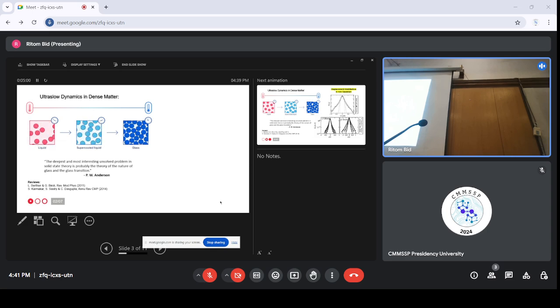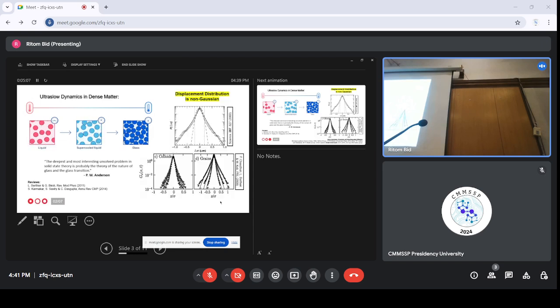So we try to understand the dynamics of supercooled liquids, and eventually there were some experiments in the 1990s. A lot of experiments started because at that time people developed confocal microscopy, and there were two experiments in the same year, and both papers got published in Science in the same issue.